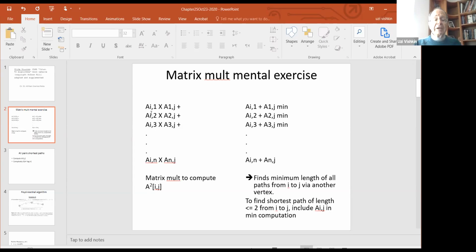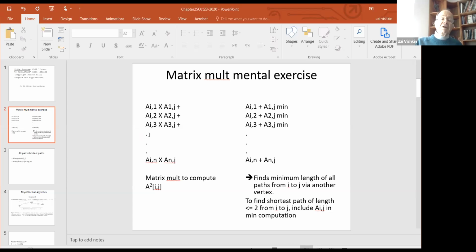I will multiply the first element in row i by the first element in column j, right? I will add it to the second element in row i, multiplied by the second element in column j.